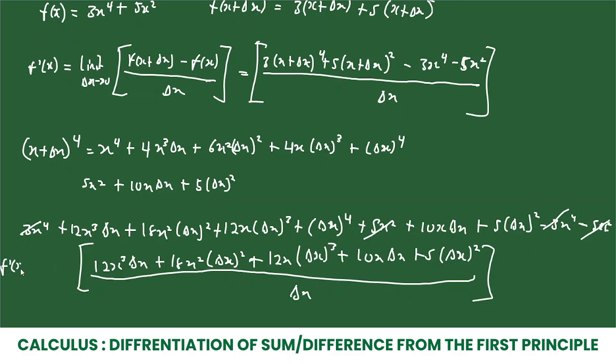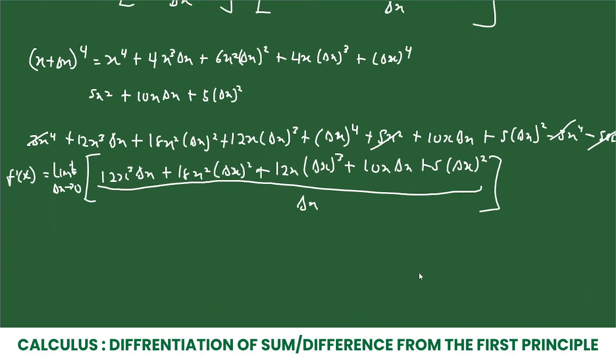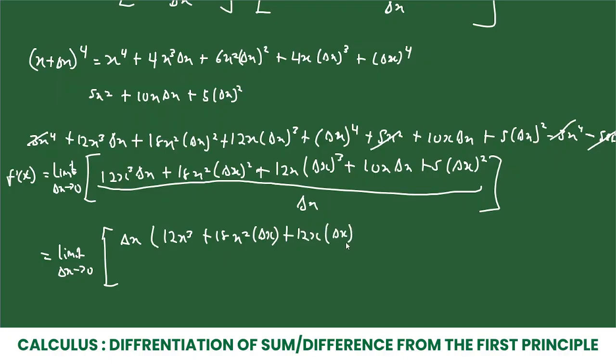So f prime of x is going to be the limit as changing x approaches 0, right? So with this, let's factorize changing x out of the numerator, right? So factorizing changing x out, we are going to have changing x out: 12x cubed plus 18x squared. Still have one changing x left, plus 12x. We have changing x squared left, plus 10x plus 5.